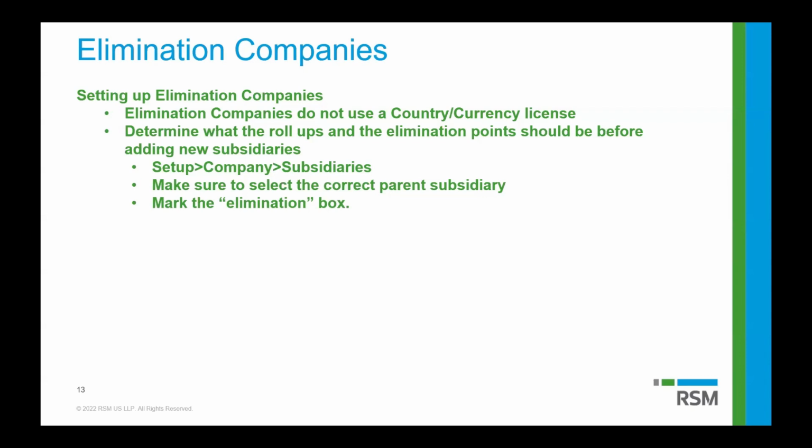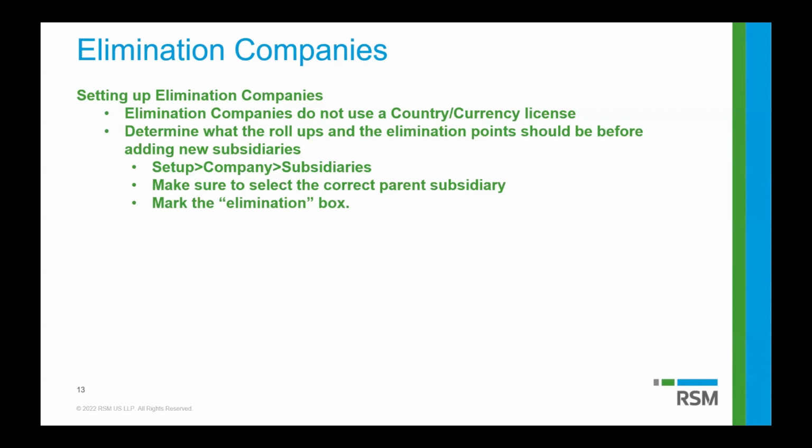Then I will need an elimination company flowing up to that US holdings, because the US companies under the US holdings and that European company under the US holdings could have transactions between themselves that would need to be eliminated.